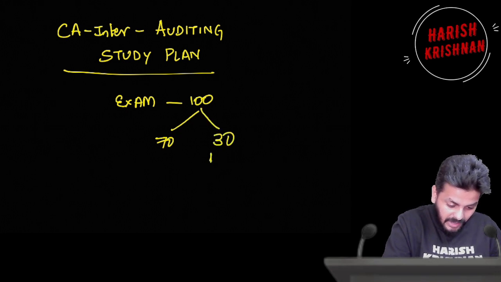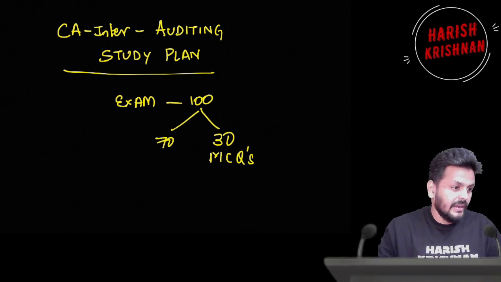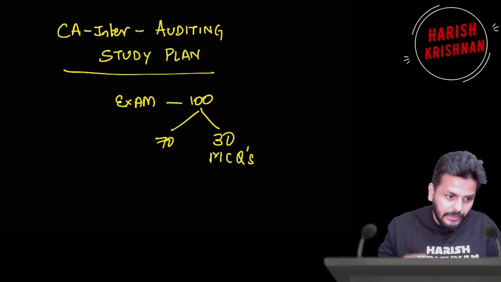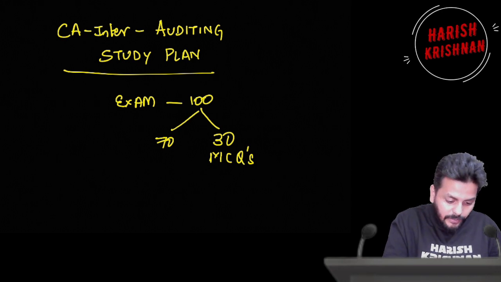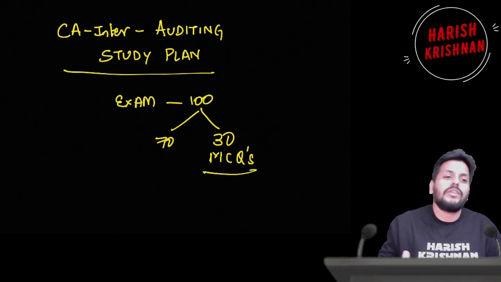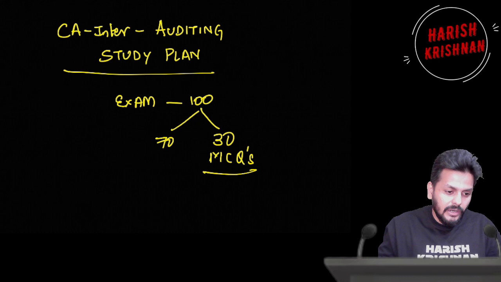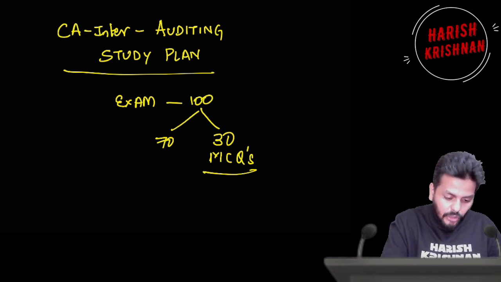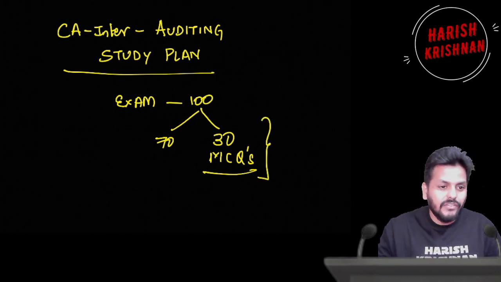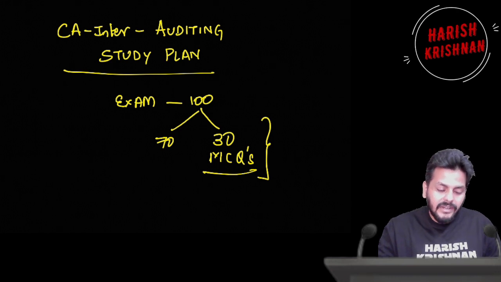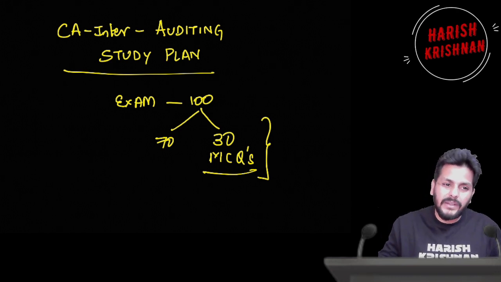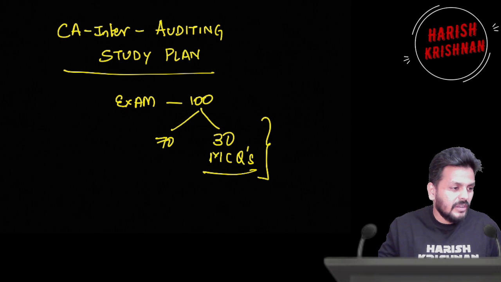Now in this 30 marks of MCQs, I've always told this, once again I'm reminding you that you don't need any special preparation. If you are very good with the concepts, this part will be taken care of and you need not worry about doing something exclusively. If your concepts are very clear, if your understanding of the subject is very good, that 30 marks can be scored irrespective of any special preparation.